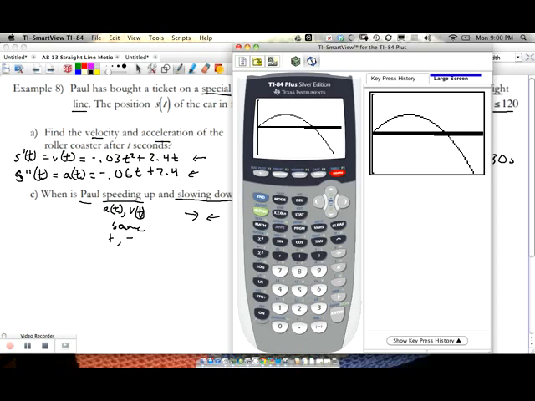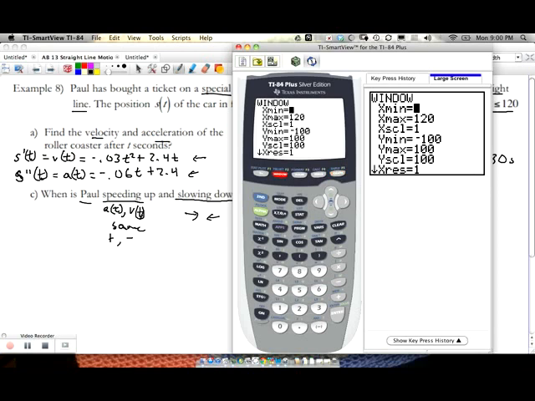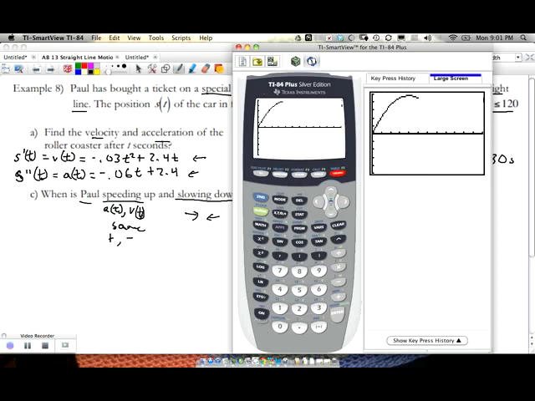So we need to zoom in even better, like negative 50 to 50. And our y scale, we could probably go by tens, and our x scale we should go by tens as well. Is that good enough? So there's one of them, and there's the other one.